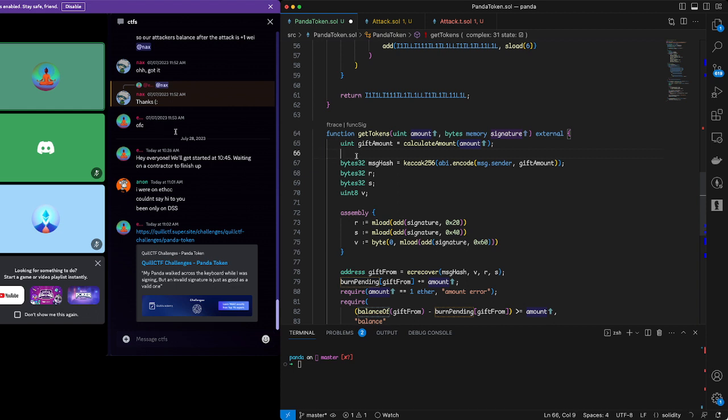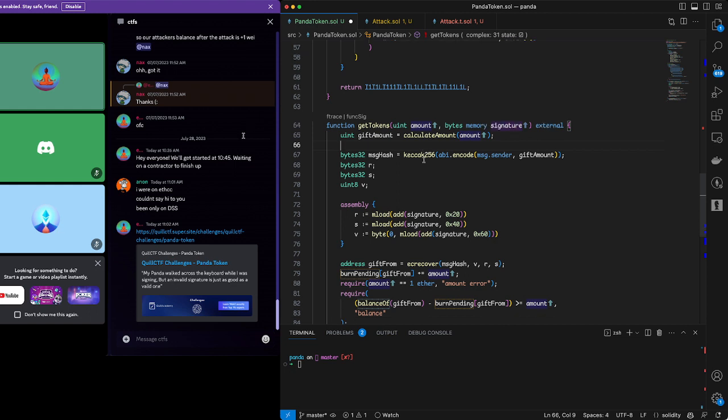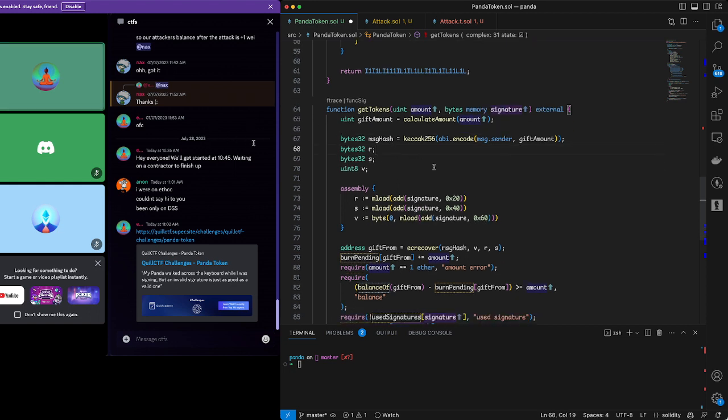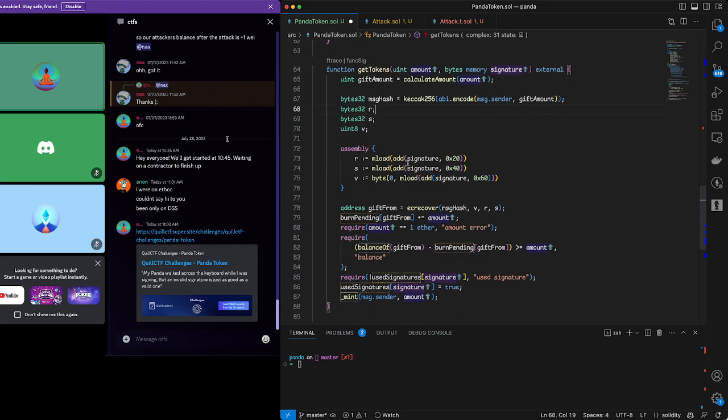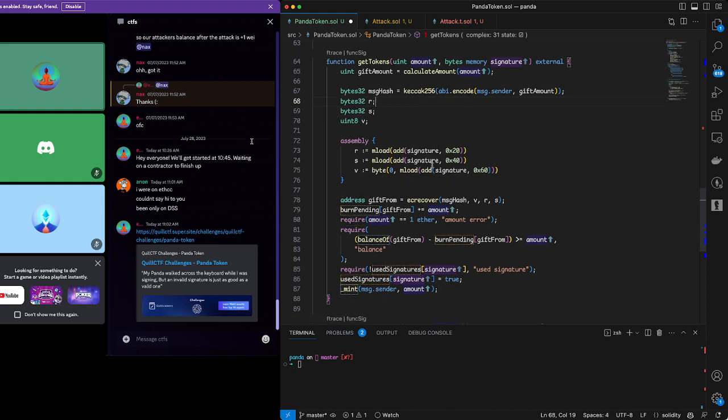Then here, let's see what we're doing. We're hashing together an encoded message.sender and gift amount. Gift amount is based off calculate amount. And then we're setting r, s, and v, which are the elliptic curve variables defining the signature. So then what we're doing here, assembly, let's see, loading in some information from the signature.